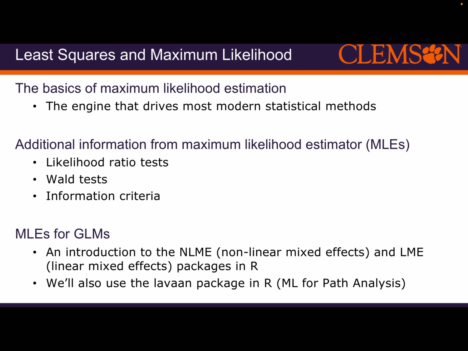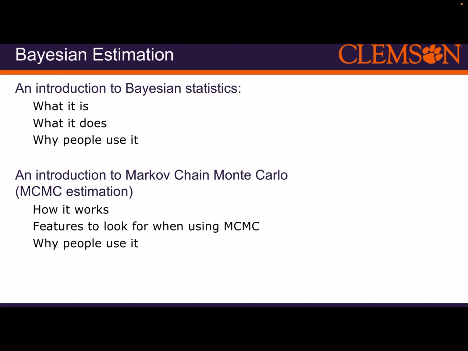Finally, we'll talk about maximum likelihood estimation in general linear models, and I'll introduce to you a couple different R packages, nlme, which is nonlinear mixed effects, and lme4, the linear mixed effects package in R. We'll also talk a little bit about the lavaan package in R, which uses maximum likelihood for path analysis and structural equation modeling. Finally, we'll wrap up with an introduction to Bayesian estimation.